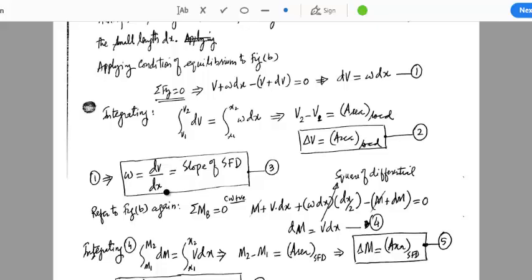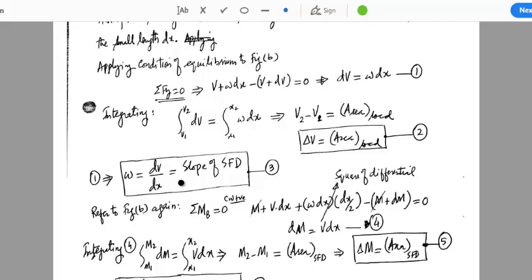Whenever we integrate any expression, we get the area under the curve, and whenever we differentiate any expression at a particular point, we get the slope of that curve at that point. So here in this expression, we are differentiating shear with respect to x. So if omega is equal to dV over dx, its physical meaning is that omega, or applied load, is equal to the slope of the shear force diagram.